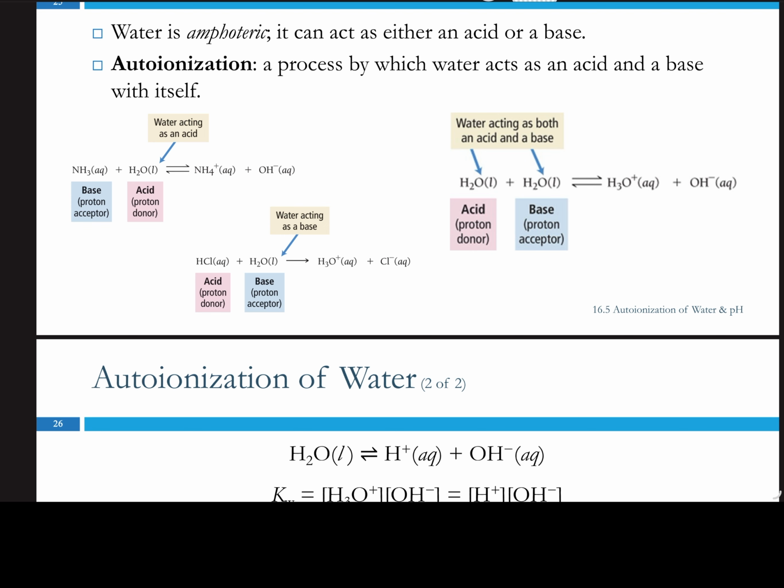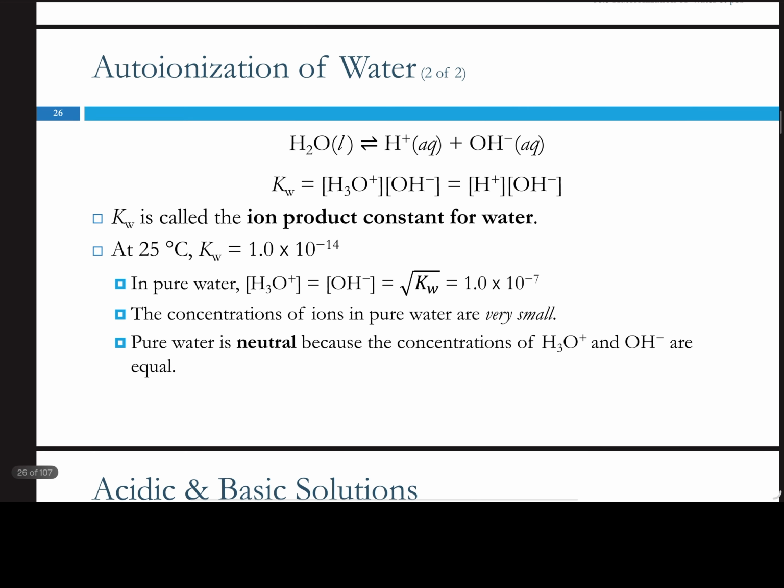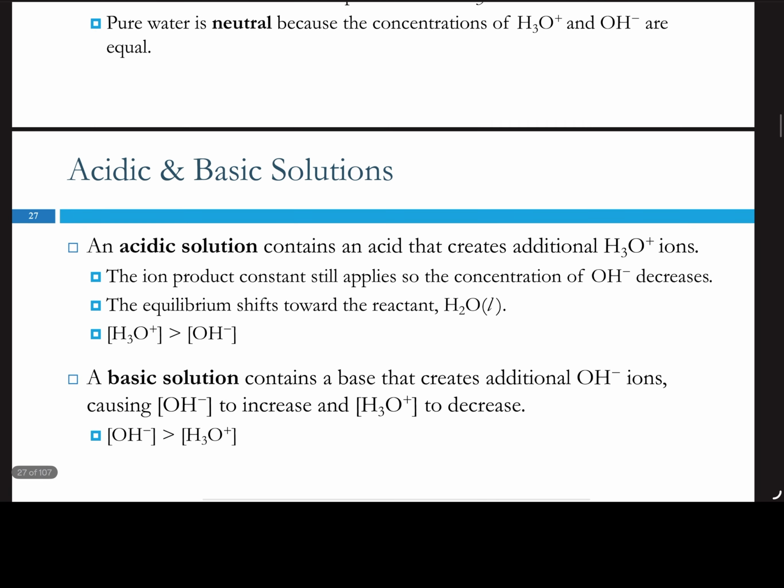Or if you add a base, it will increase the amount of OH minus while decreasing the amount of H plus or hydronium. But those two concentrations always multiply to come back to 1 times 10 to the negative 14 because equilibrium, at least if the temperature is 25 degrees C. So tiny amounts.